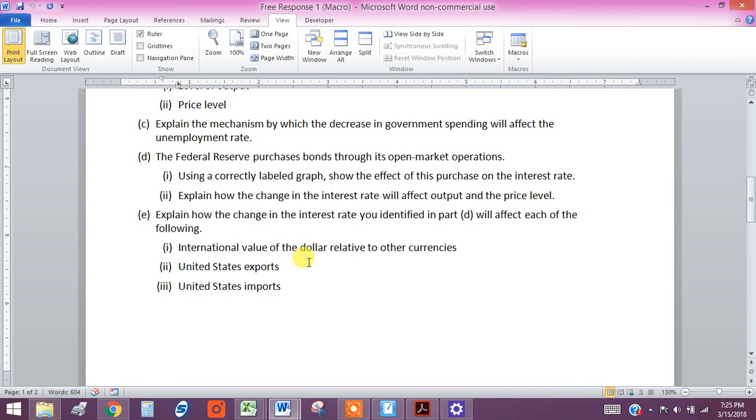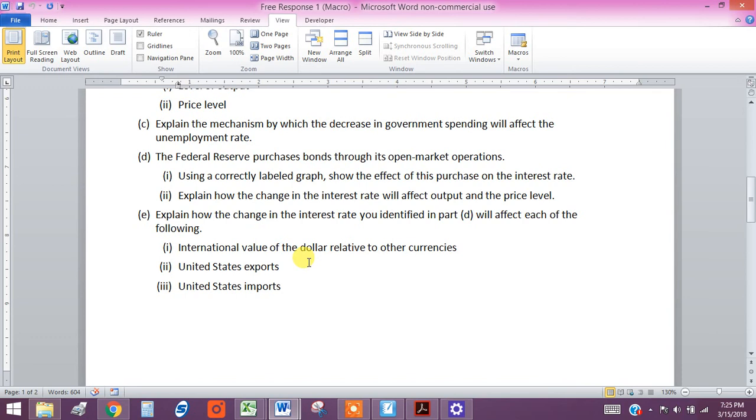Any time the value of the domestic currency goes down, that means that the dollars are cheaper, so our goods are cheaper, so we're going to sell more and buy less. Exports go up and imports go down. And I believe that answers these questions.